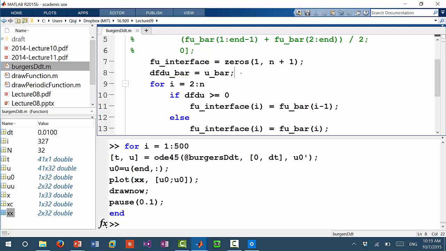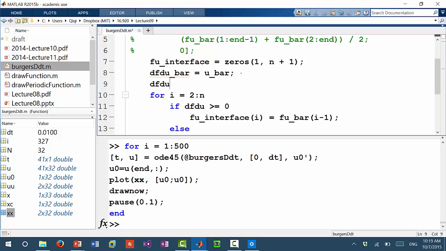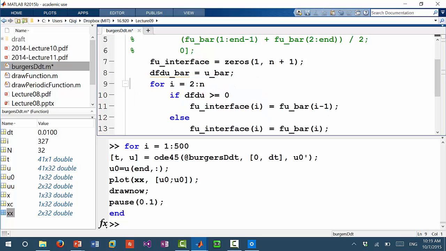So that's the dfdu in the cells, and dfdu interface is equal to u bar. Let me actually just do dfdu bar I minus 1 plus dfdu bar I.